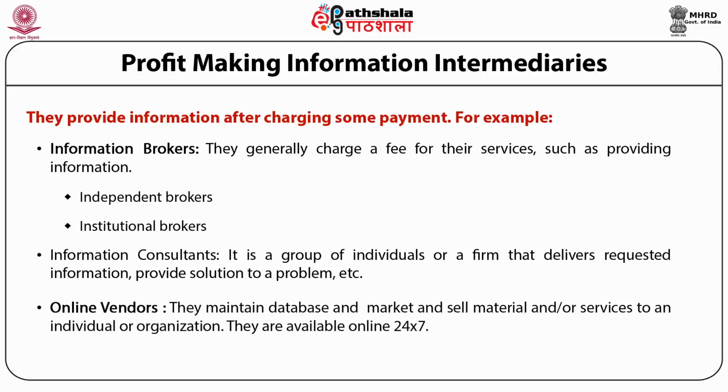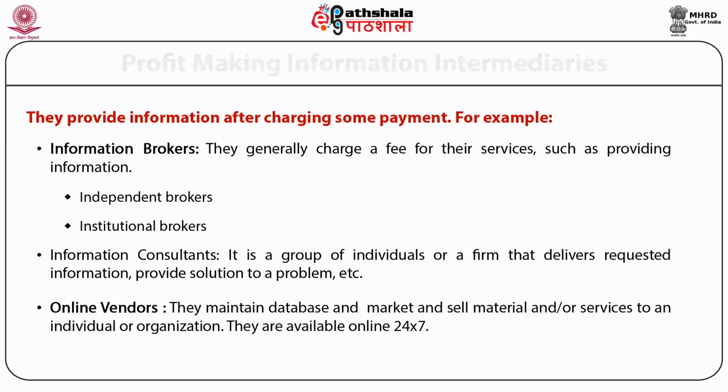They maintain database and markets and sell material and or services to an individual or organization. They are available online 24/7, and this is an advantage to the user, that the user can access them anytime, anywhere, and obtain requisite information from online vendors.